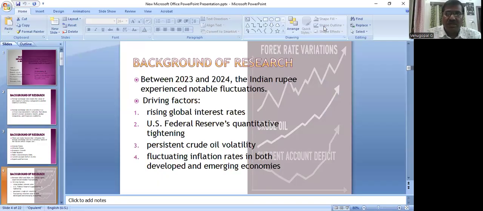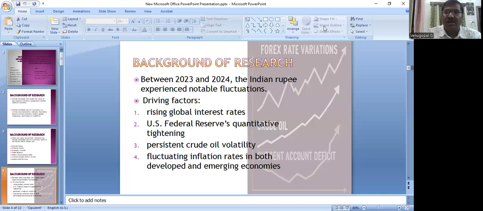So the research has been done by taking the data between 2023 January to 2024 December, for 2 years. The reason being the Indian rupee has got much more fluctuations.